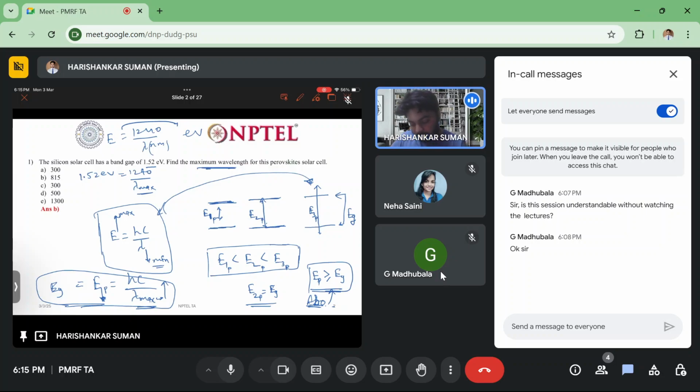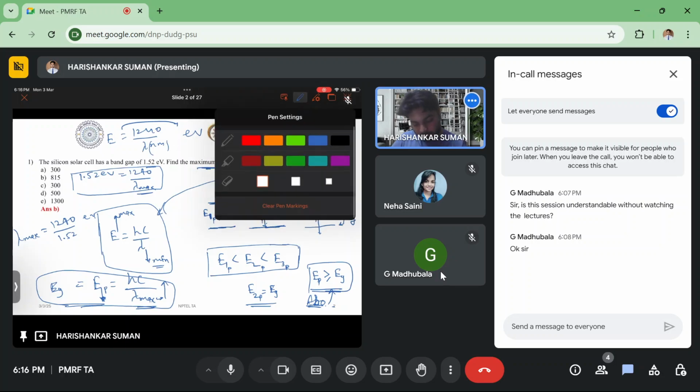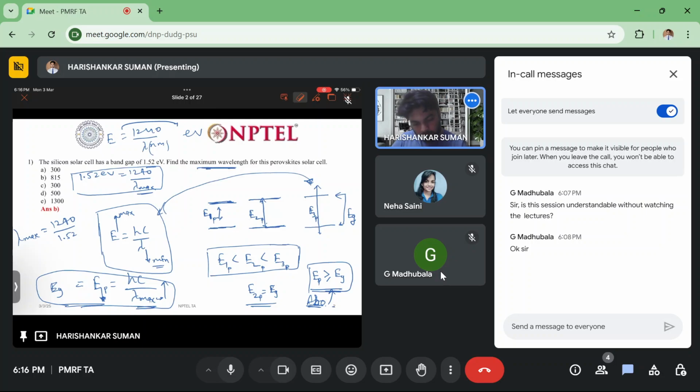So please calculate this equation: lambda max equals 1240 divided by 1.52 eV, which will be in nanometers. Please calculate this.